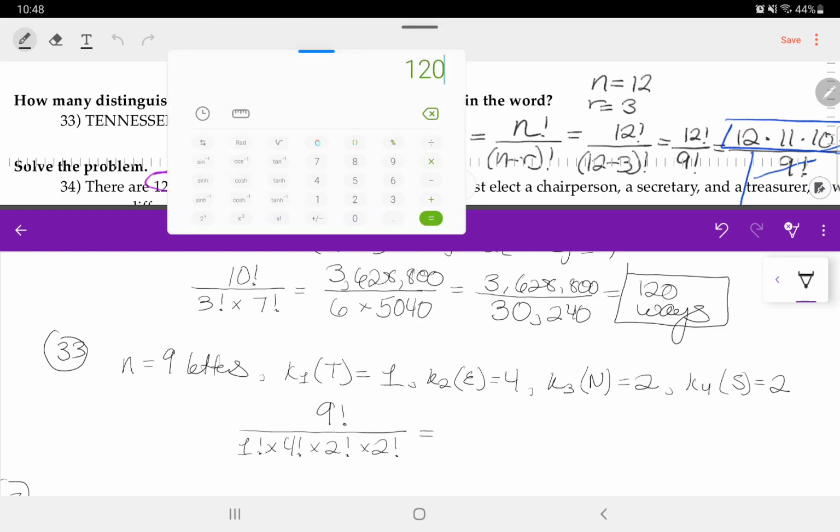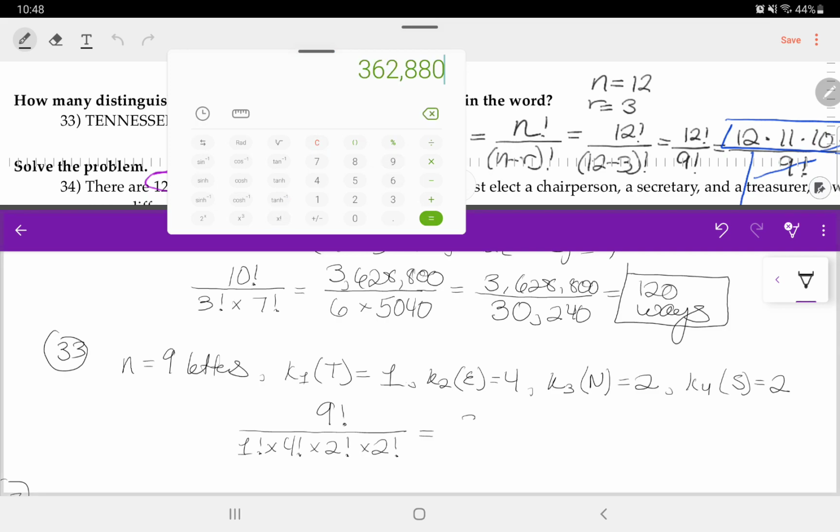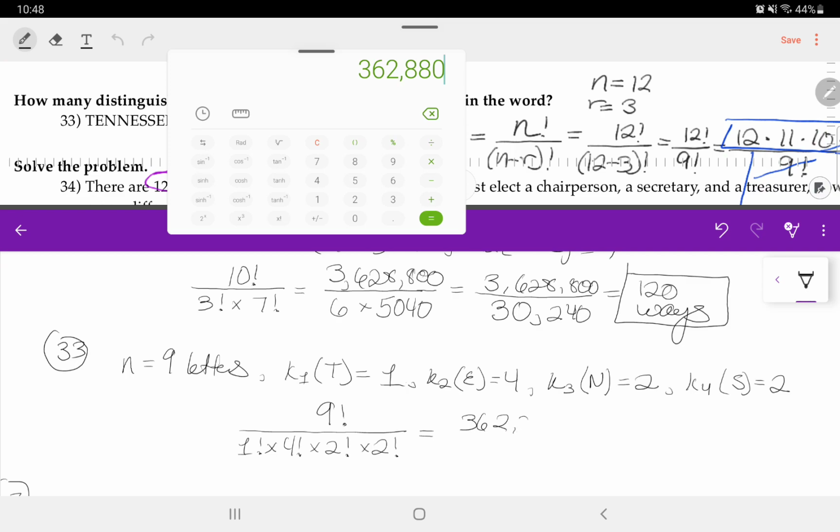Let's calculate our 9 factorial. That is 362,880. 1 factorial is just 1. 4 factorial is 24. And the 2 factorials are just 2.